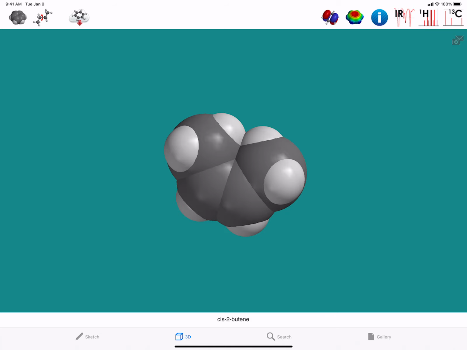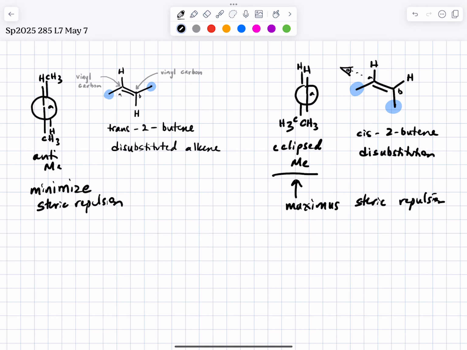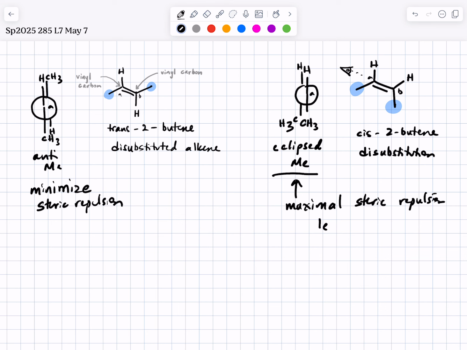The hydrogens are even touching, meaning there's going to be electron-electron repulsion between these two groups. That's going to make, as you predicted, the cis isomer less stable than the trans isomer. Maximal steric repulsion, less stable. Minimized steric repulsion, more stable.